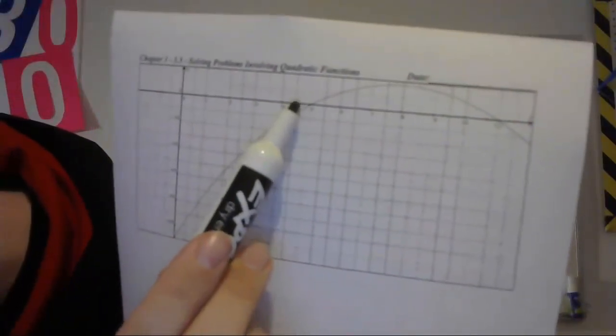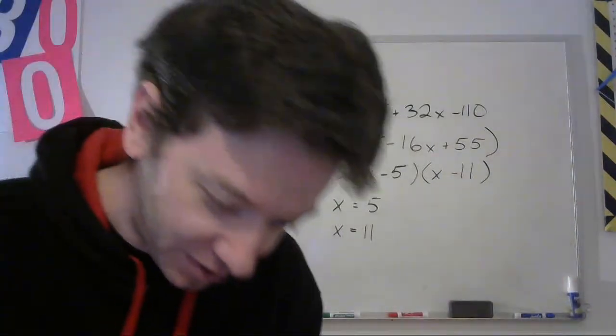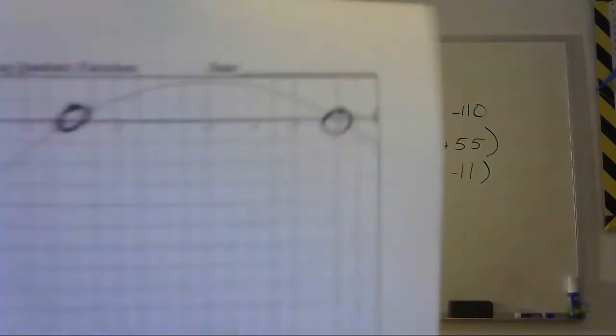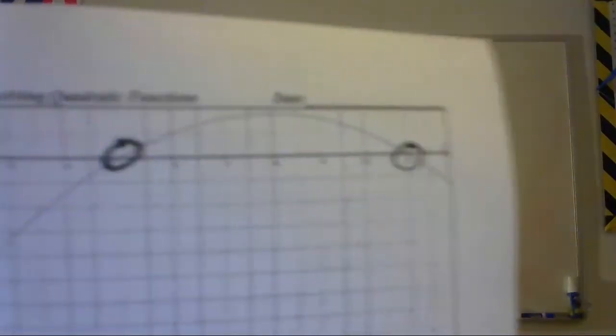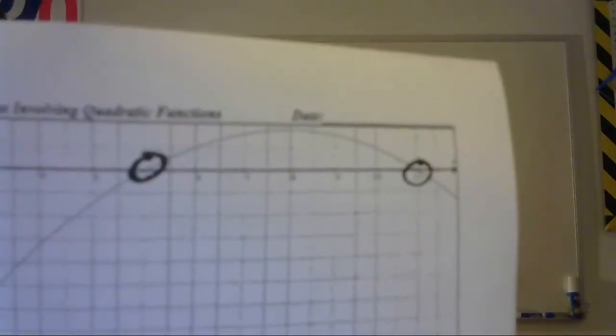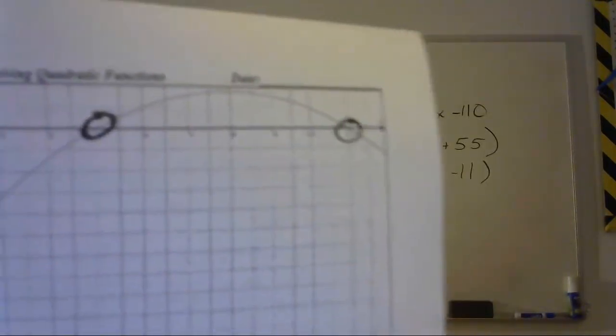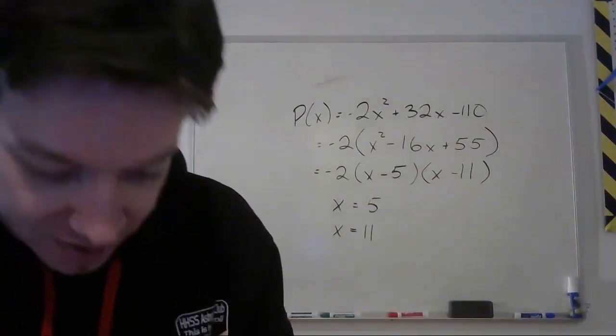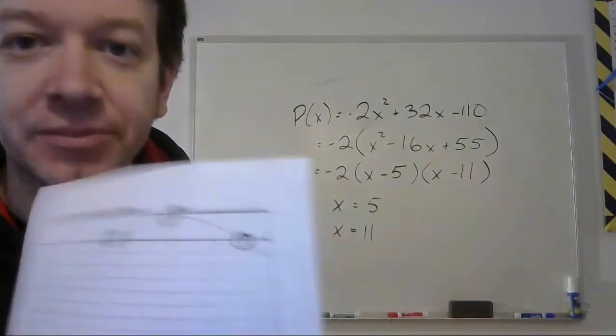And you'd have a solution right there, right? Remember, it's your x-intercepts. So let me just mark them here and here. Those are where your solutions are. And you can see, well, it's a bit fuzzy, but on your page you can see that it's 5 and 11. On the graph you can also see that max point as well.